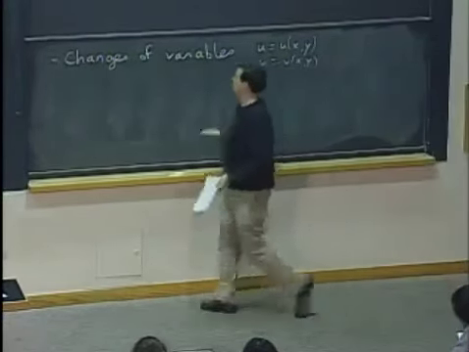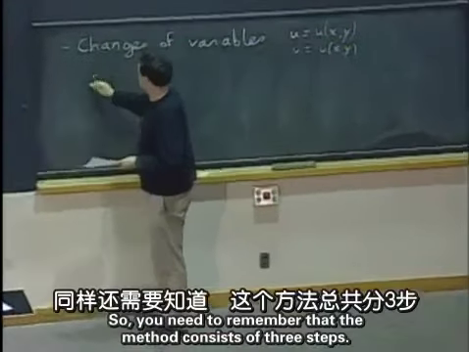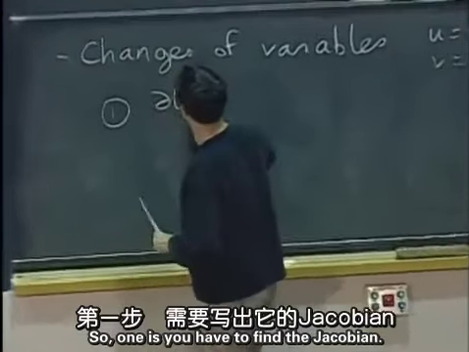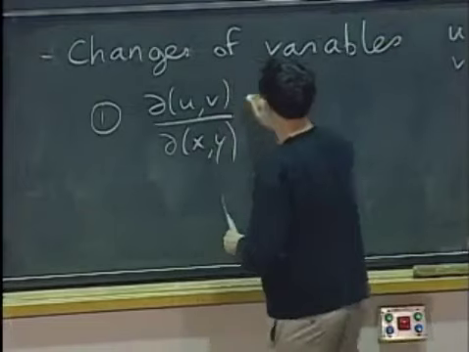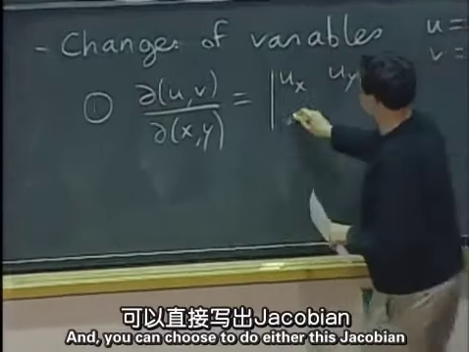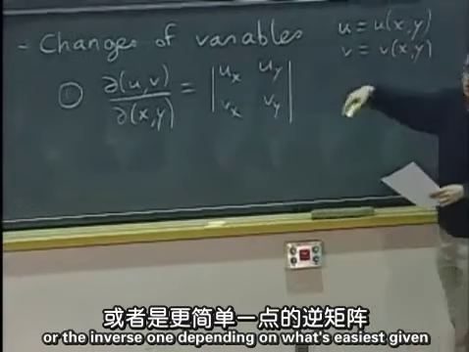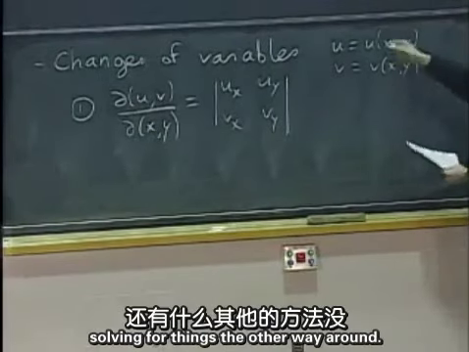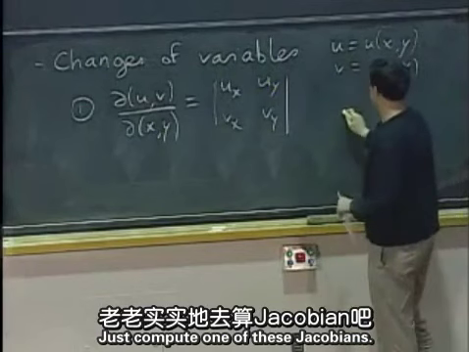You need to remember basically how to do them. The method consists of 3 steps. One is you have to find the Jacobian. You can choose to do either this Jacobian or the inverse one, depending on what's easiest given what you're given. You don't have to worry about solving for things the other way around. Just compute one of these Jacobians.